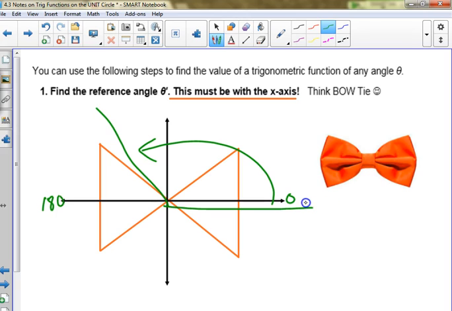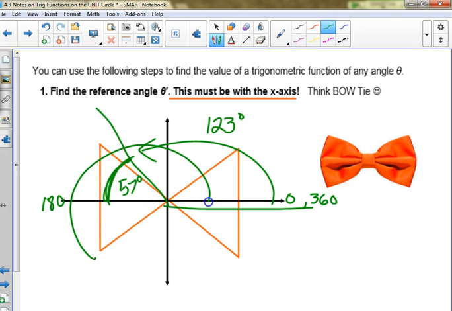Or 360. So if I had 123 degrees, I would need this angle with the x-axis, which would be 180 minus 123, or 57. Did I do that right? Would be the reference angle. Okay, if I'm down into this quadrant, say 200, what's the reference angle?